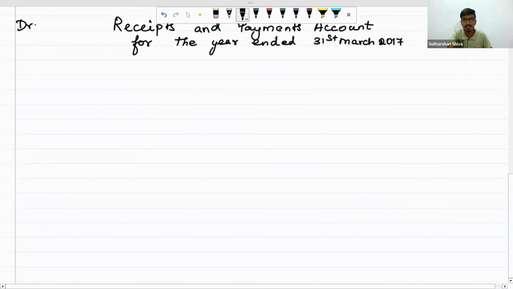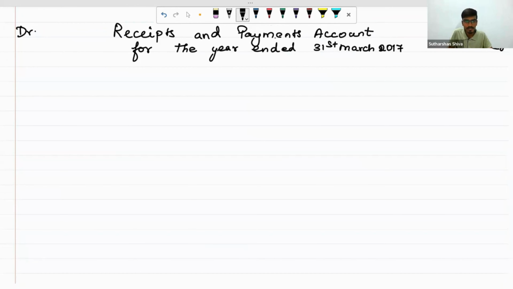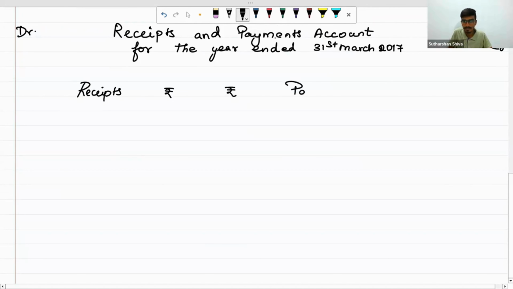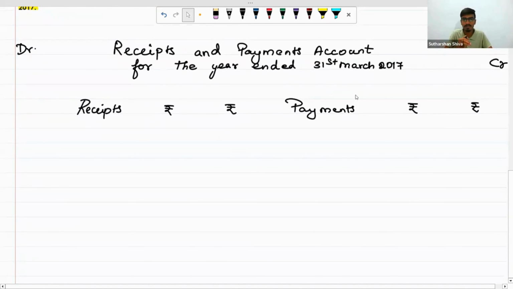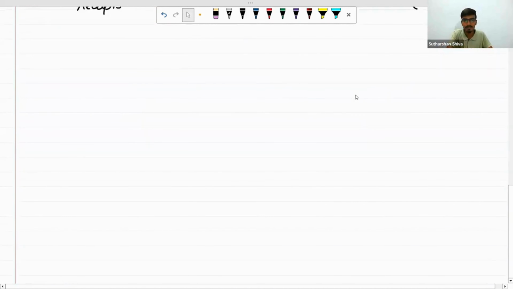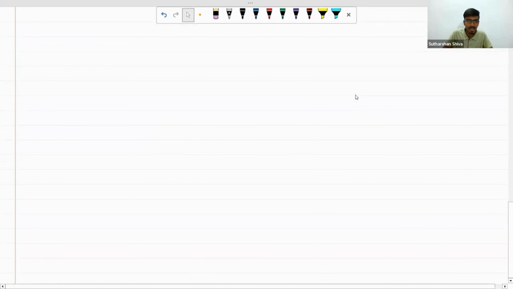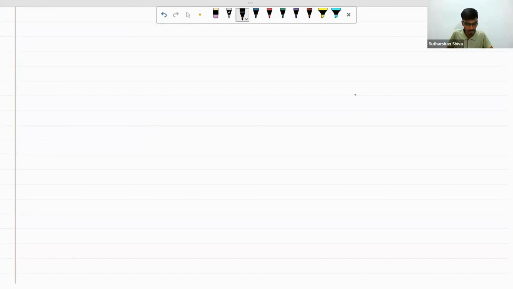Once it has been done, I will write this as my receipts, in rupees. This is done. Now in this question, there is no balance sheet, so you can use the first page for the receipts and payments account, and the next page immediately for working notes. I will leave 10 to 15 lines and then I will start with my working notes.